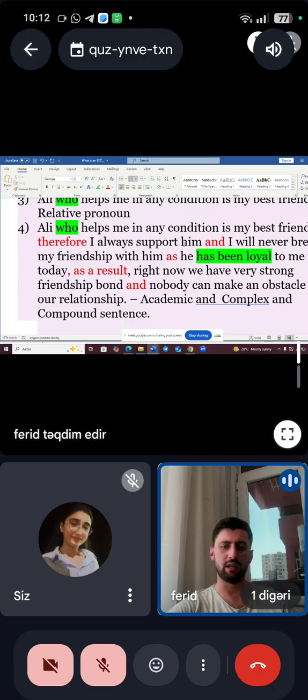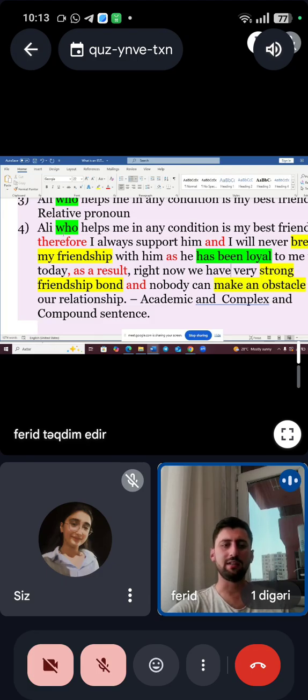And thirdly, I showed that I know lines of vocabulary, for example support you, never break my friendship, strong friendship bond, and make an obstacle. I made a collocation in order to get more points.